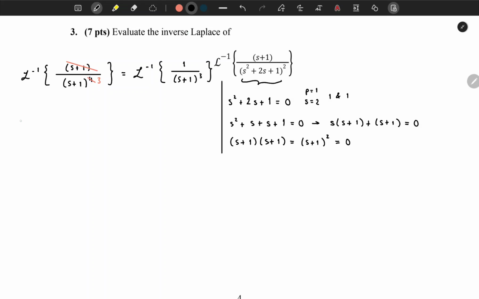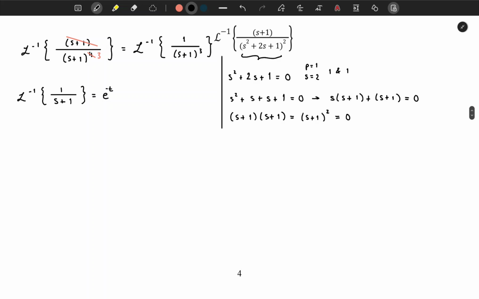Well, we know that the Laplace inverse of 1 over s plus 1 is easy: it is just e to the power of negative t. If we were to differentiate this, we would have s plus 1 squared in the denominator, and you can go ahead and check that.